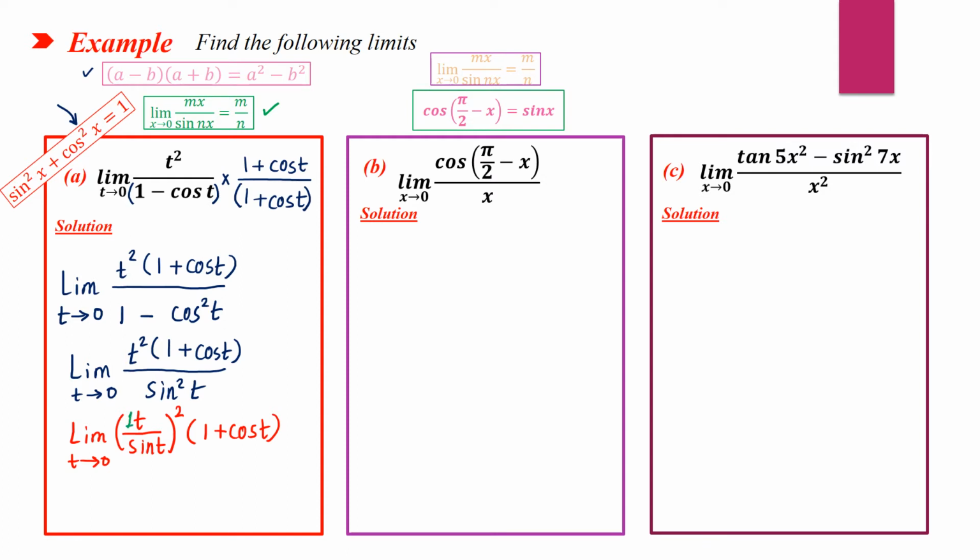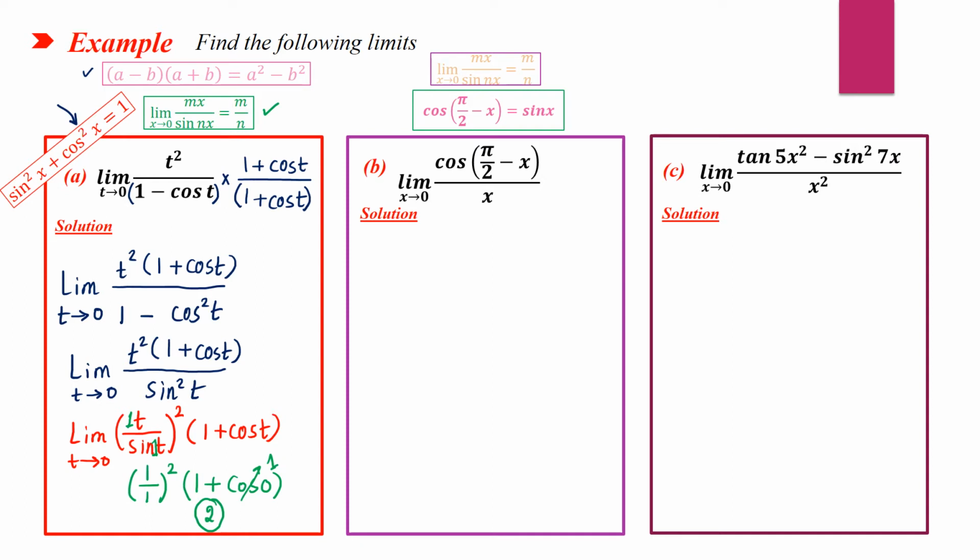So the coefficient of t here is 1 and here is 1. So for the first one we have 1 over 1 squared, multiplied by 1 plus cosine of 0. So 1 divided by 1 squared, which is 1, multiplied by 1 plus cosine 0, and cosine 0 equals 1. So 1 plus 1 equals 2.